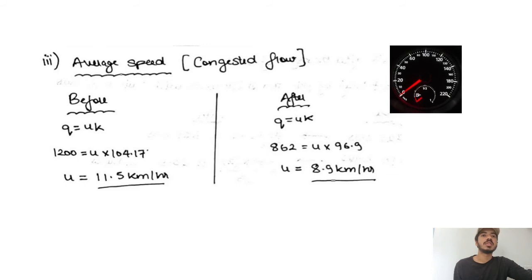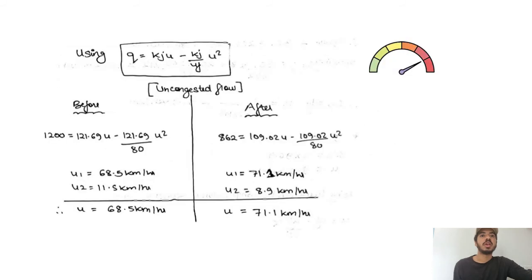Last but not least, using the relationship Q is equal to kj multiplied by U minus kj over UF multiplied by U squared, and using the same volume, we can find the speeds during uncongested flow.